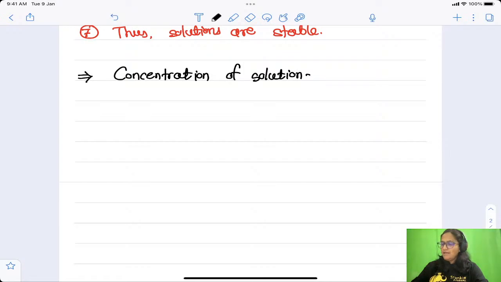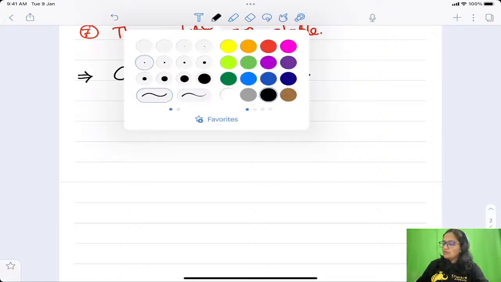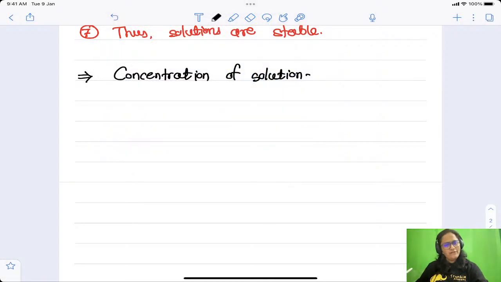By just observing the solution, you cannot tell the exact amount or number of solute particles present in it. So the term concentration of solution is introduced, which gives us the exact amount of solute particles present in the solution.